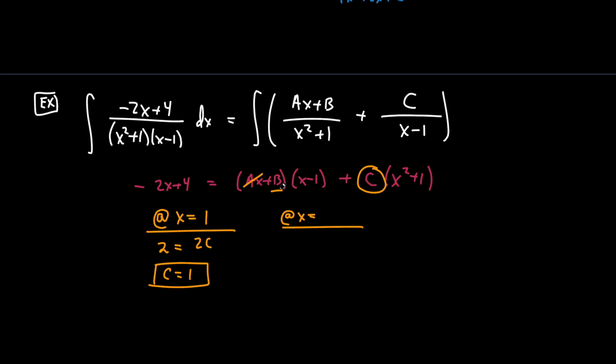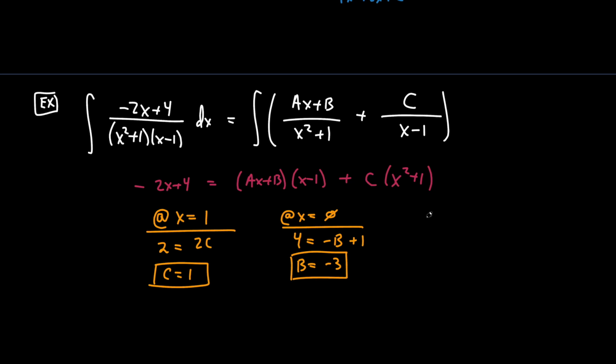B is the unknown. So this actually works somewhat nicely. X being 0, I get left-hand side is 4. Right-hand side would be, obviously this is gone. You get b times 0 minus 1, so negative b. And then c being 1, when you plug in 0, 0 plus 1 is also 1, so you get plus 1 over here. That tells me then that b would equal negative 3.